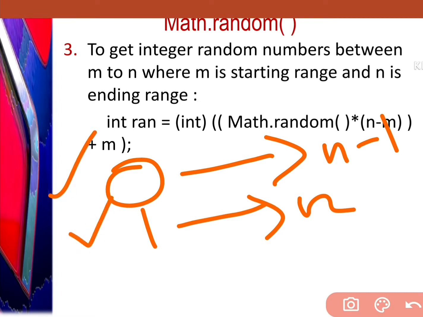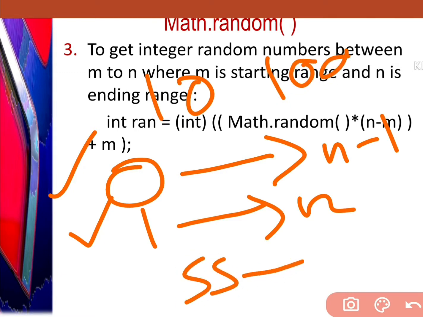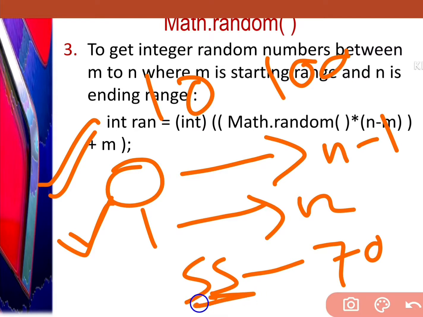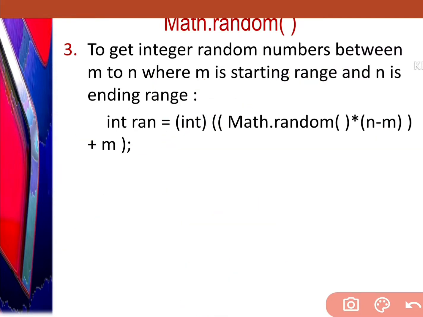If we want a range between 10 to 100 or 55 to 70, then what do we have to do? We want another formula for that, because the range always starts from 0 or 1, but we want a different starting range. Then we have another formula.